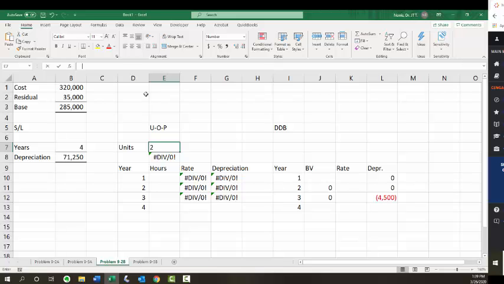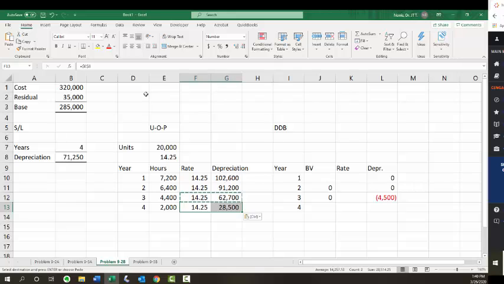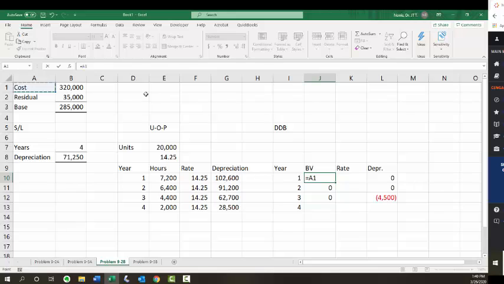A 20,000 hour operating life gives us $14.25 as a rate per hour. 7,200 in year 1, 6,400 in year 2, 4,400 in year 3, and 2,000 in year 4. And there's the depreciation on all of that.